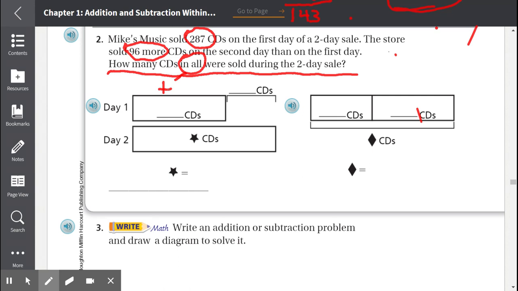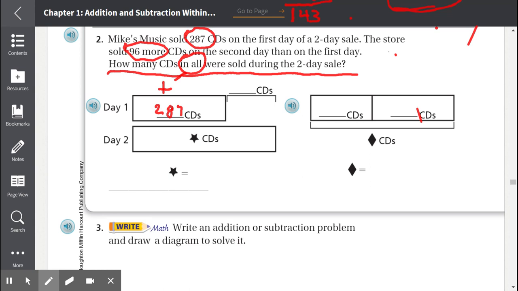So we begin by finding the amount of CDs that were sold on the first day. On the first day, 287 CDs were sold. On the second day, they didn't tell us how many it was, but they did give us a hint that it was 96 more than the first day.